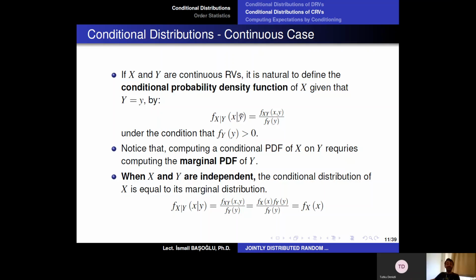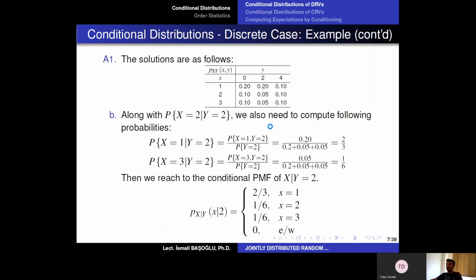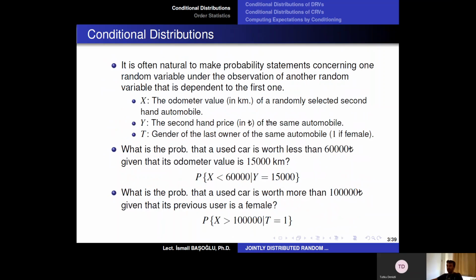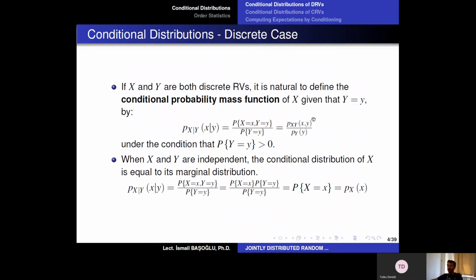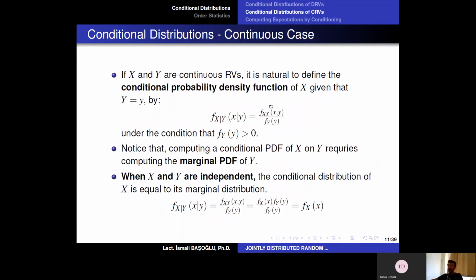Now, it is very similar to the discrete counterpart, right? In the discrete counterpart, we were dividing the joint probability mass function by the marginal probability mass function. And here, we are dividing the joint probability density function by the marginal probability density function of the random variable that is given, that we have an observation on.